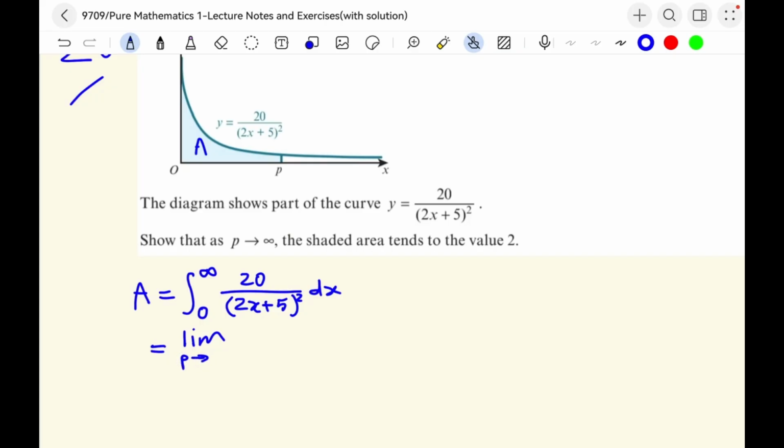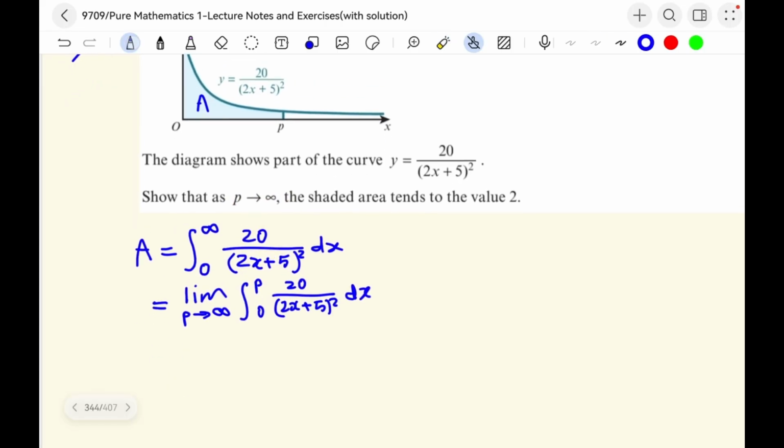Which means that after you solve this integral and the limit substitutions, you may take the limit as p goes to infinity. So you should write it like this. Now you make the inside integral a proper integral. It seems to be a proper integral, but eventually you still have to consider the limit as p goes to infinity. Obey the question given.